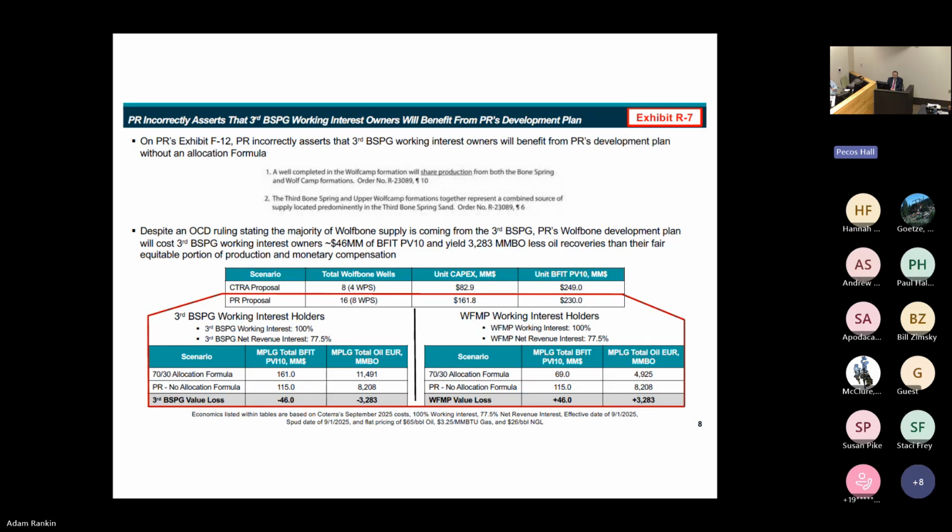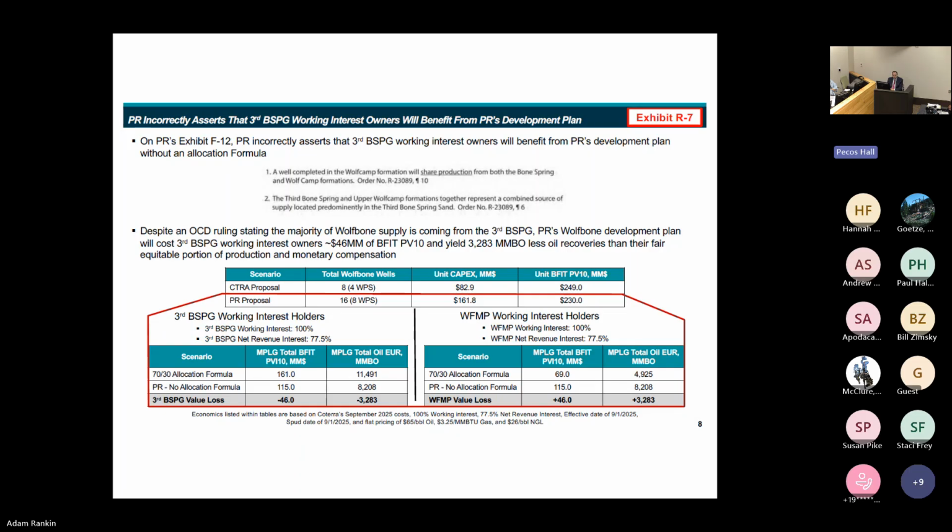I'm illustrating what the allocation formula looks like relative to no allocation formula between third Bone Spring working interest holders and Wolfcamp working interest owners. Okay, so my question is, in this analysis, you've taken 70% of the production from the Wolfcamp well that Permian is proposing, and you put it up into the third Bone Spring, correct? That's our allocation formula that we've represented.